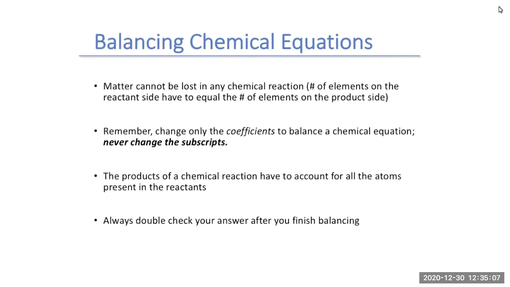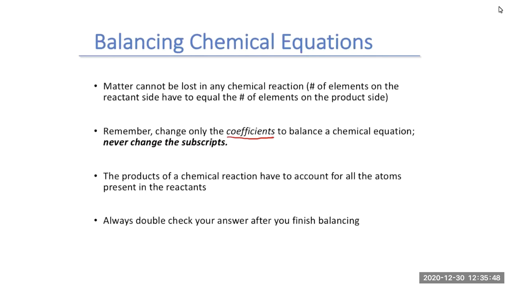So looking a little closer at balancing our chemical equations. As I said, remember matter cannot be lost during a chemical reaction. So the number of elements on the reactant side has to equal the number of elements on the product side. And one important thing when you're balancing equations, you only change the coefficients. Only ever change the coefficients. Don't touch the subscripts. If you change the subscript, now you've changed which compound you're talking about.